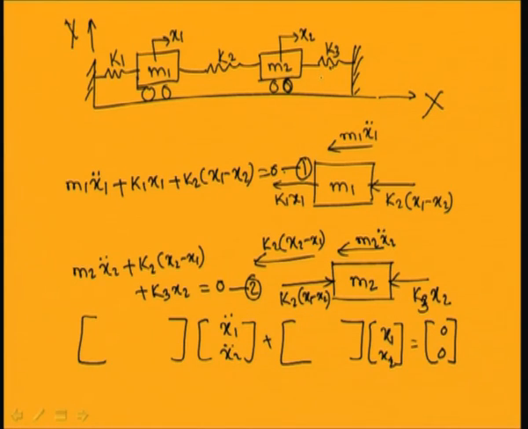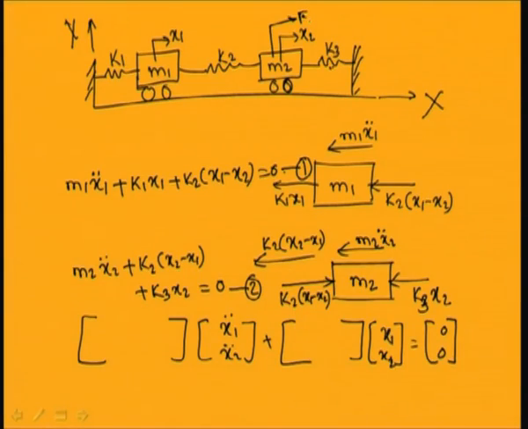If you want to consider forced vibration, and a force F is acting on mass m2, then your second equation will be converted to m2 x2 double dot plus k2 into x2 minus x1 plus k3 x2 equal to F.